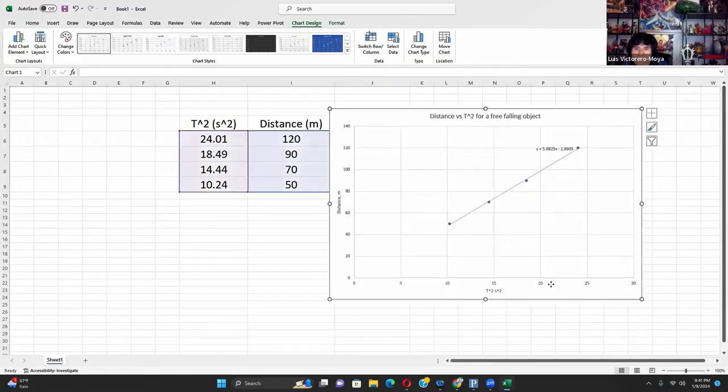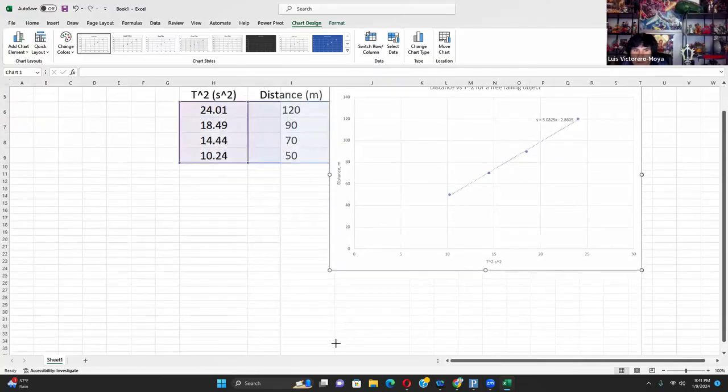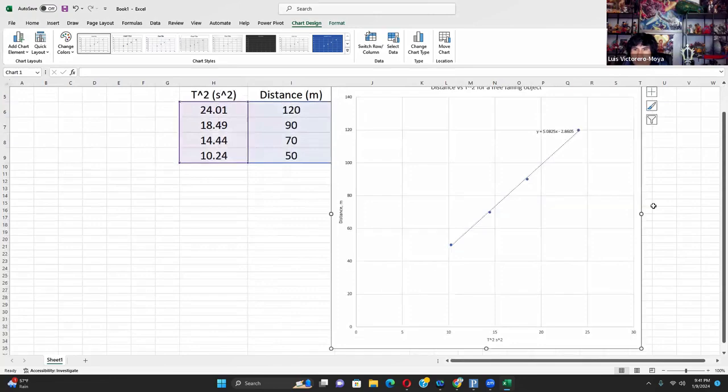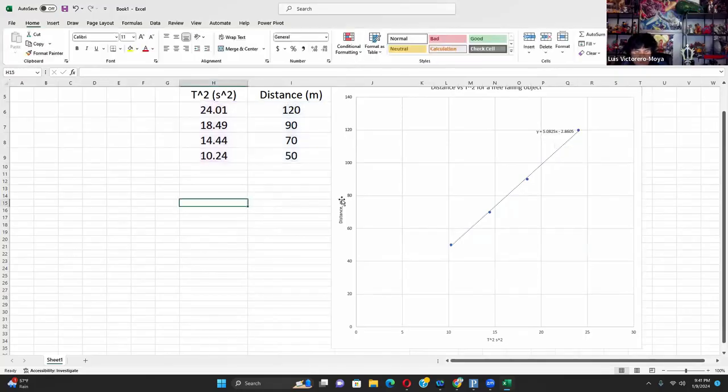So there you are. Now, how do I calculate my value of gravity? So the value of gravity would be the slope. What's the slope in this line? 5.0825.